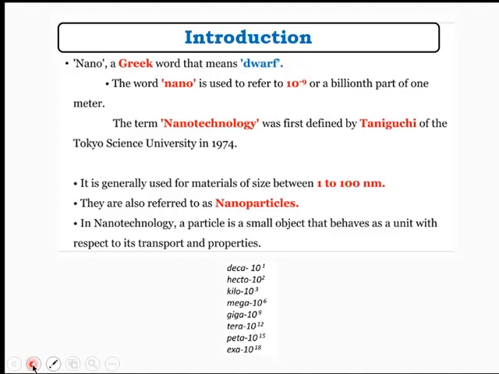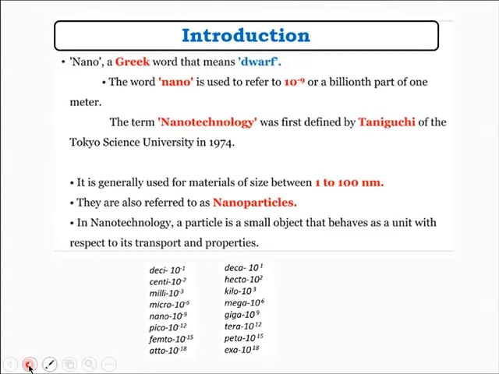Similarly we have tera, peta, exa, which are very large, macro sizes. When we talk about nano, we have to go to the smaller size. So when we move from 1/10, that is 10 to the power minus 1, that is deci. And centi is 1/100, that is 10 to the power minus 2.